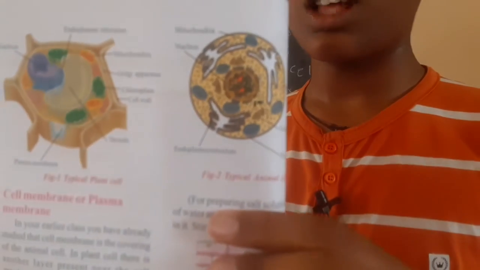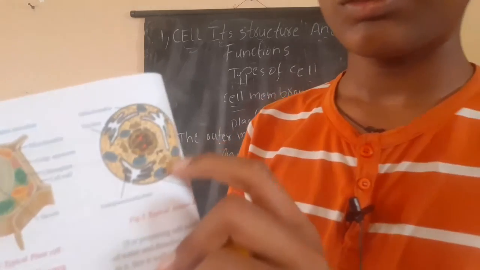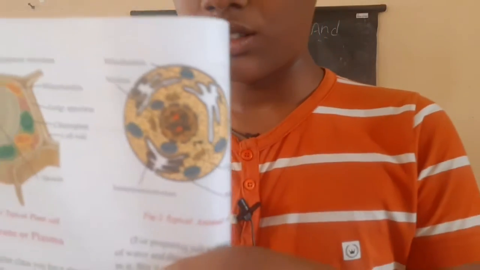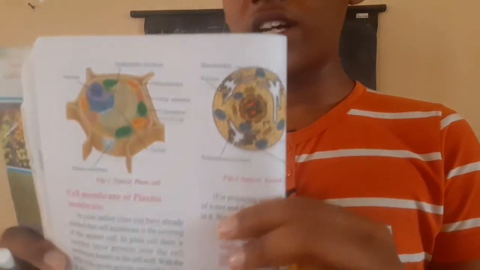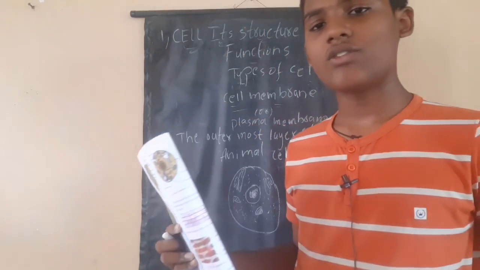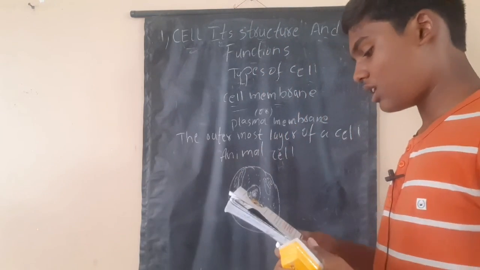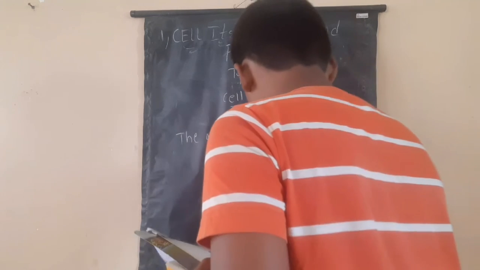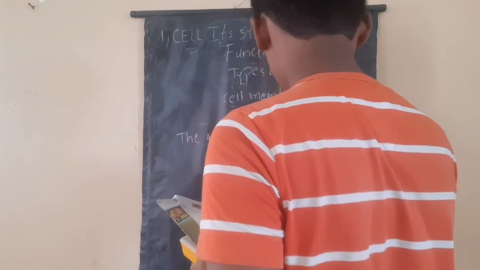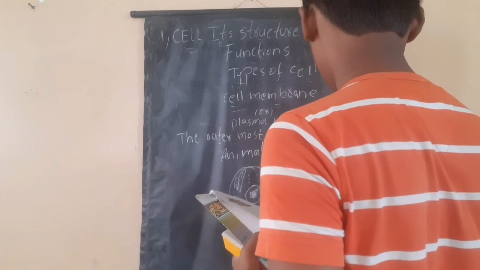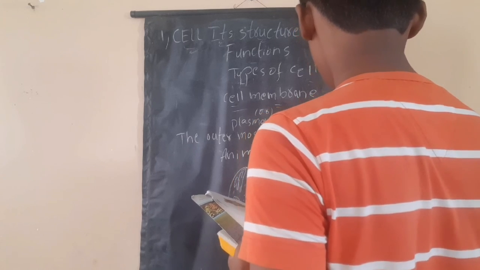Here we observe the animal cell diagram. This is a typical animal cell. Typical cells are nothing but individual cells. The plant cell and animal cell contain different cell organelles. Let us see the parts. Here the important part is the nucleus. Here is the endoplasmic reticulum.